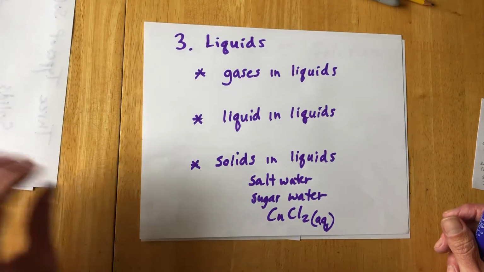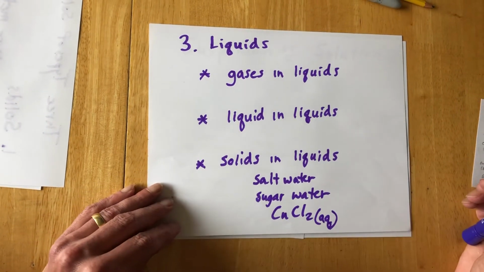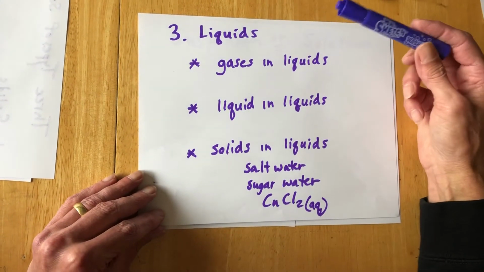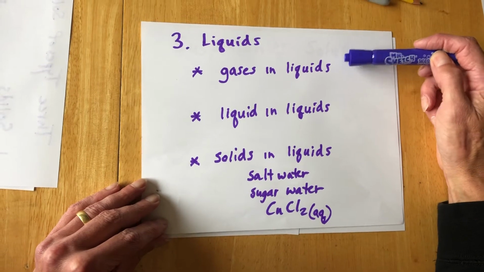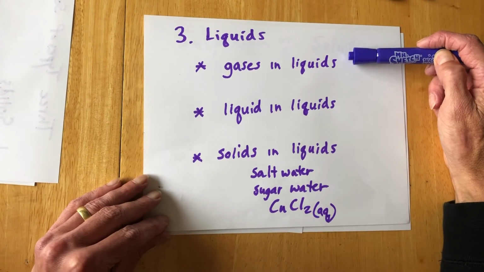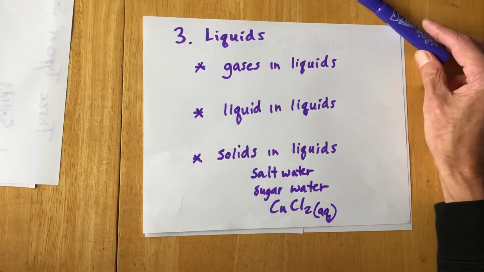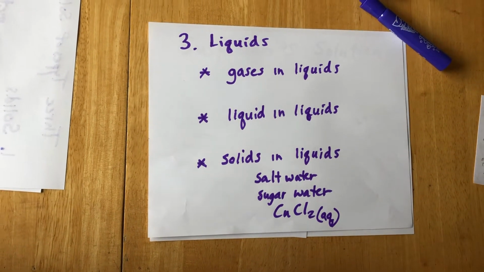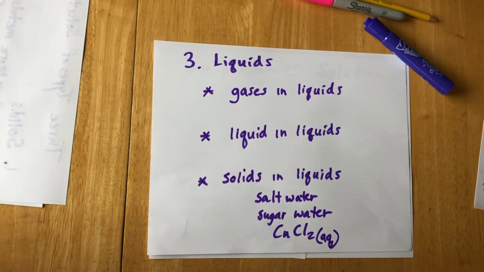Most commonly, what we deal with in chemistry are liquid solutions, and there are actually 3 types of those. There are gases that are dissolved in liquids, and you guys are familiar with those for sure, such as fizzy water. So fizzy water is water mixed with CO2. That would be a gas in a liquid.